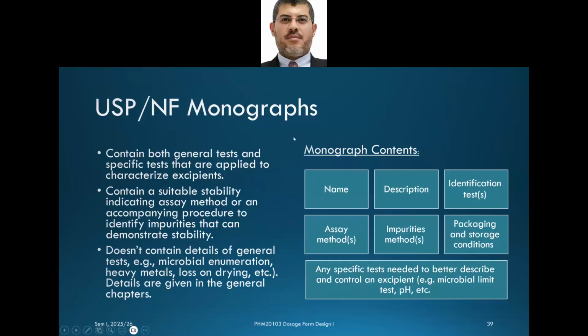Here we talk about chemical interaction. Impurities originate from the manufacturing process. So maybe they are a side product, and maybe they are degradants from the excipient. So impurities are of two types: side products during the synthesis, and degradation products.